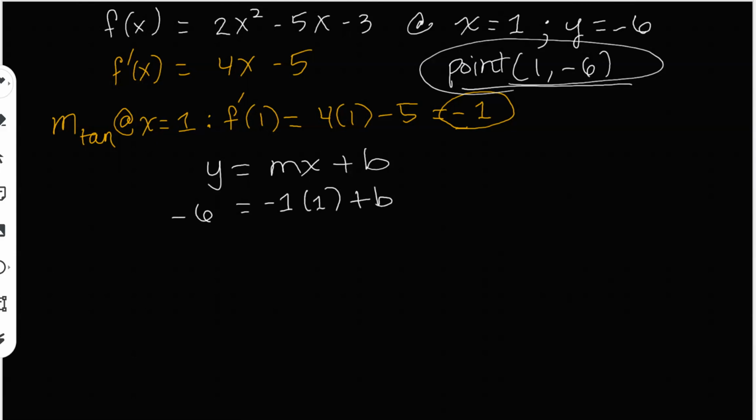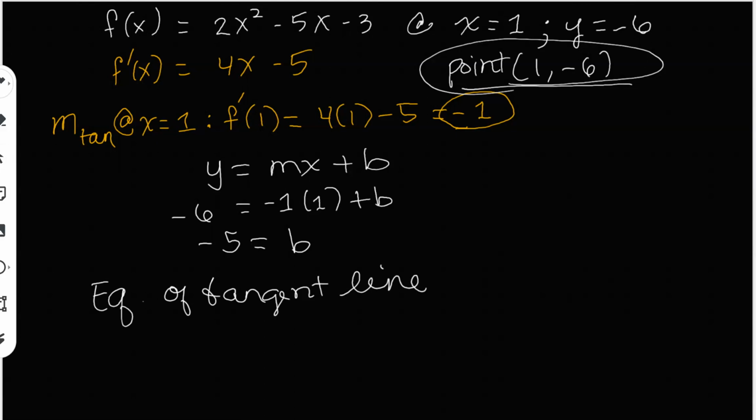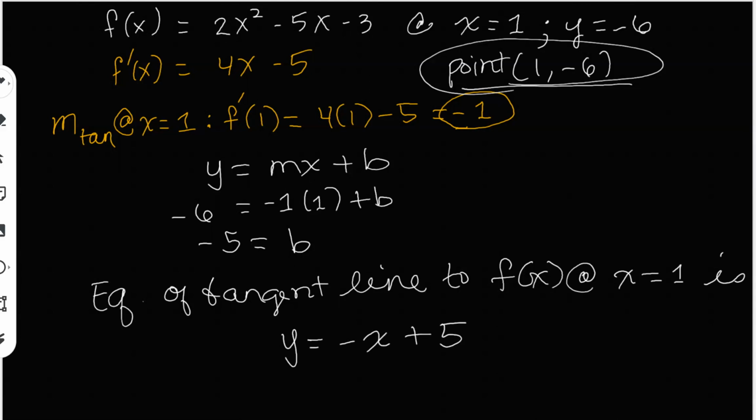And b is an unknown. Solving for b, b would be negative 5. Therefore, we would say the equation of the tangent line to the graph of f of x at x equal to 1 is y equals negative x plus 5.